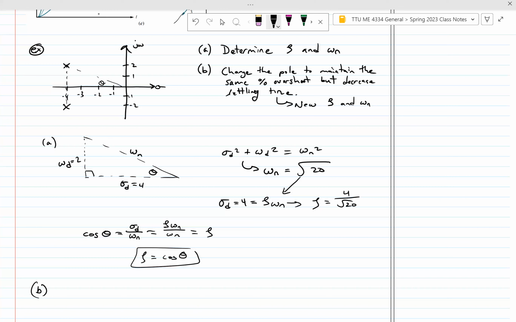Okay. Remember, I'm looking for a new zeta and a new omega n. You guys aren't saying anything wrong. Maybe just inefficient, I guess, or not complete.